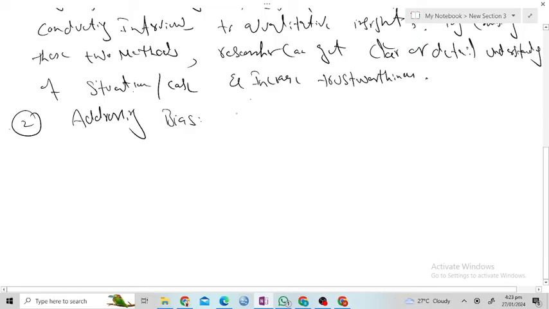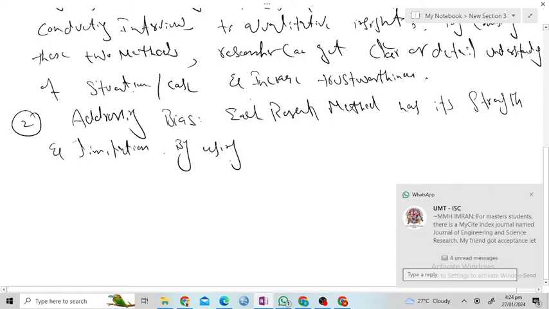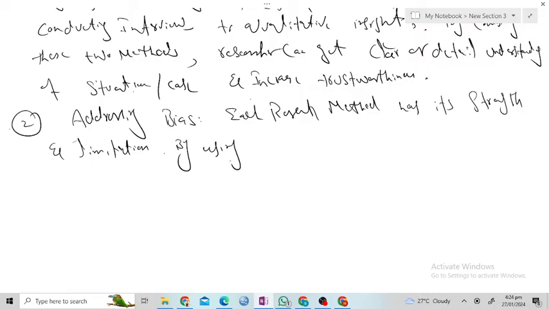That each research method has its strengths and limitations. Now I am relating how my heading will be very good in supporting the answer.